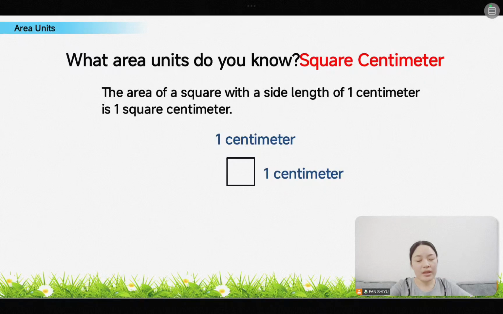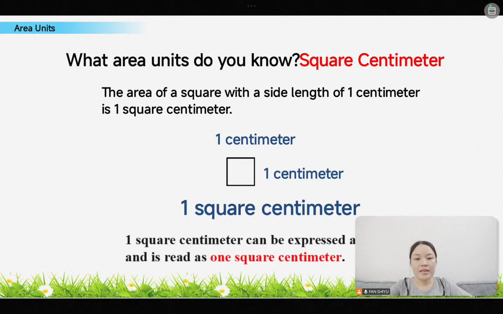Through measuring and observation, this is a square with a side length of 1 centimeter. Therefore, a square with a side length of 1 centimeter has an area of 1 square centimeter. Now, draw 1 square centimeter in your exercise book to feel its size again.